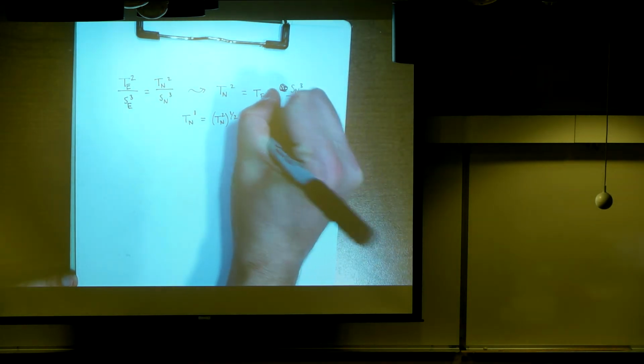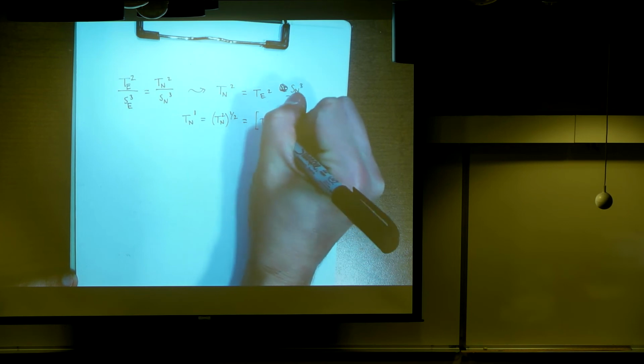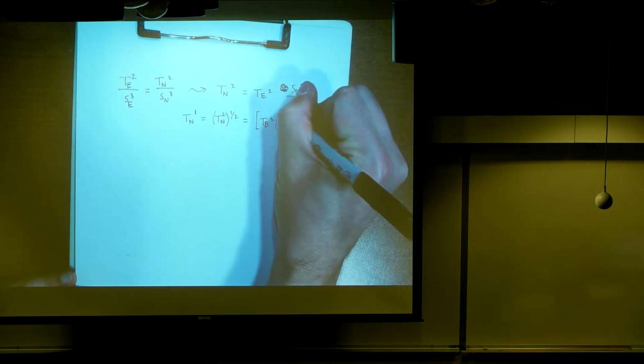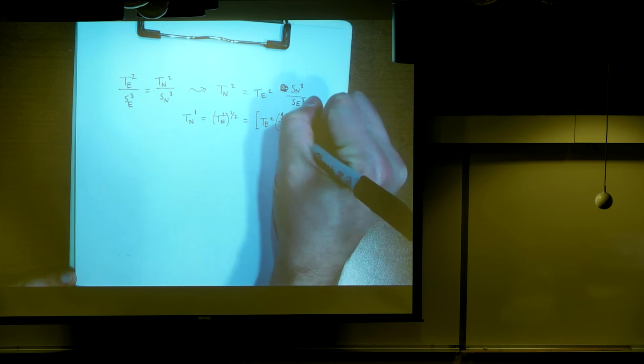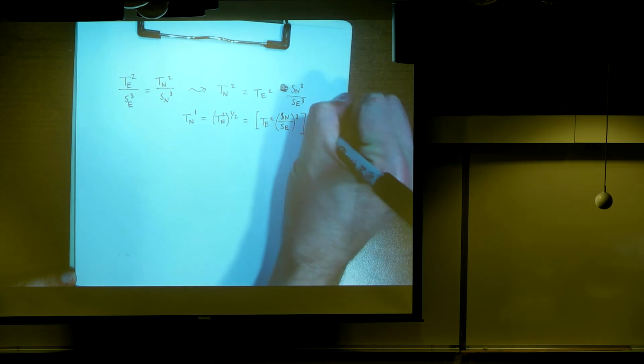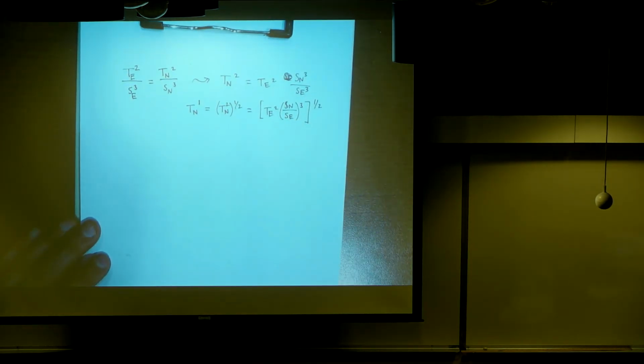But we have to do that on this side too. So that's going to be Te squared times Sn over Se to the third power, and we're taking that whole side of the equation to the 1/2 power. You can think of it as a square root.